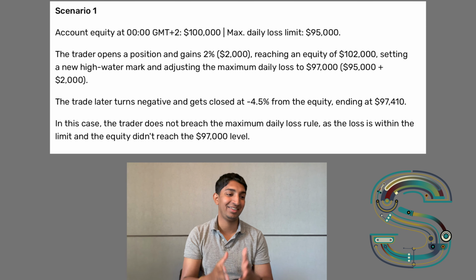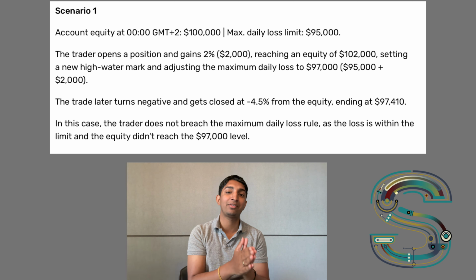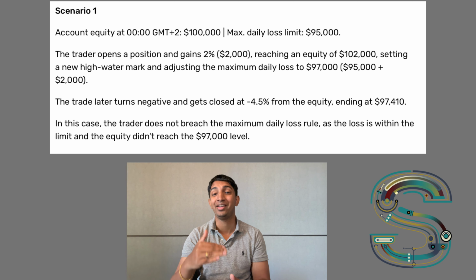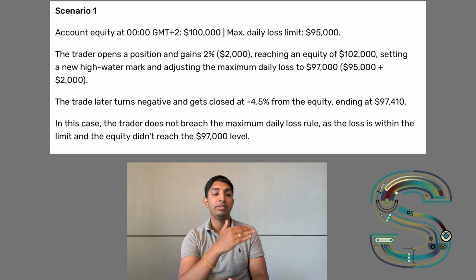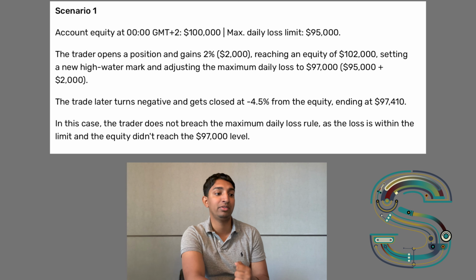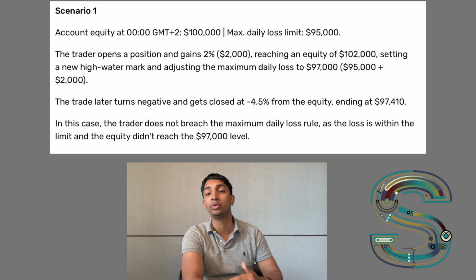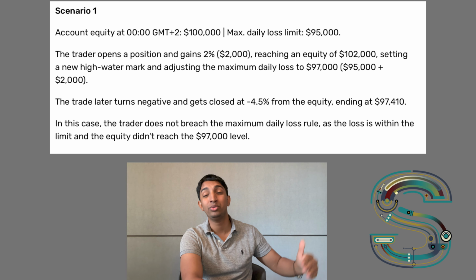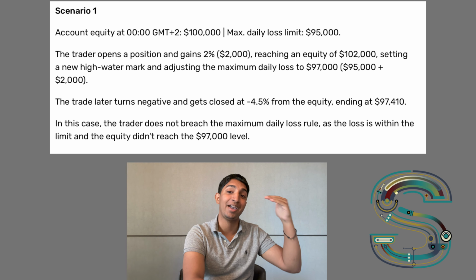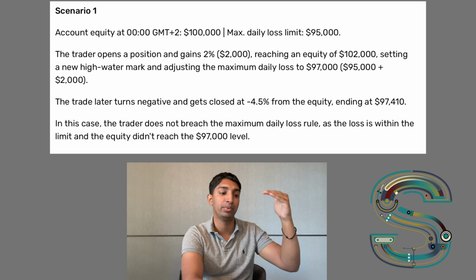So example number one: the balance in this case is $100,000 and the maximum daily loss limit is $95,000, which is 5% from the balance. The trader opens a position and gains 2%, so $2,000. So it's gone from $100,000 to $102,000 in equity. So it's not closed, it's equity.